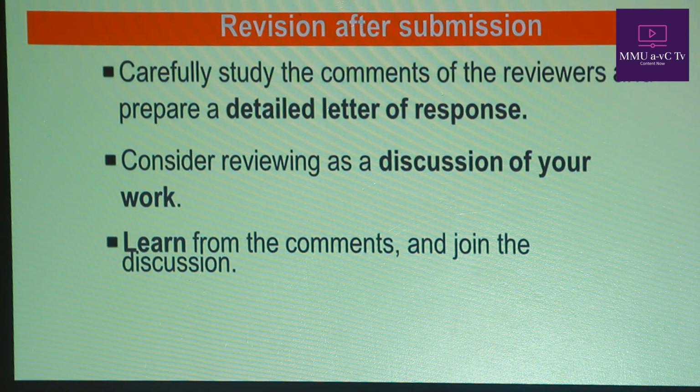Now, carefully study the comments of the reviewer and prepare a detailed letter of response. So when you receive these comments from the reviewers, you as an author are supposed to attend to each and every comment that has been given by the reviewer. Consider reviewing as a discussion of your work.